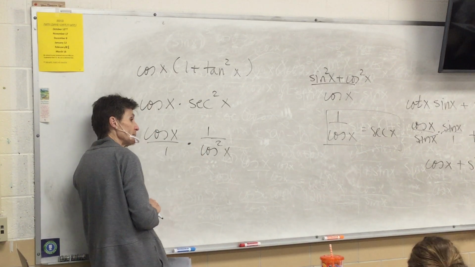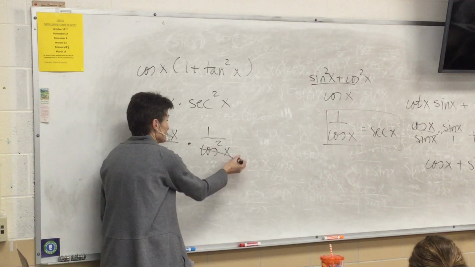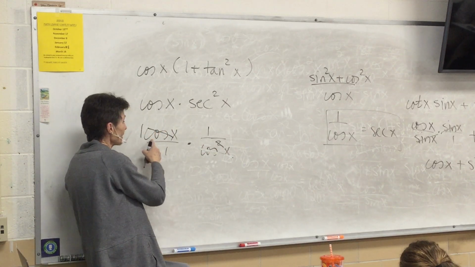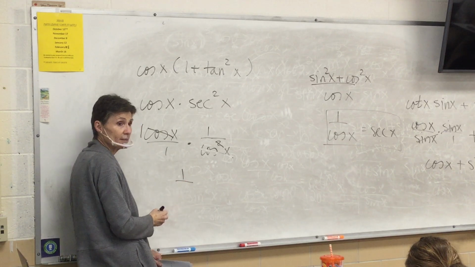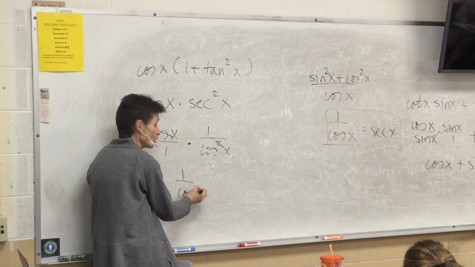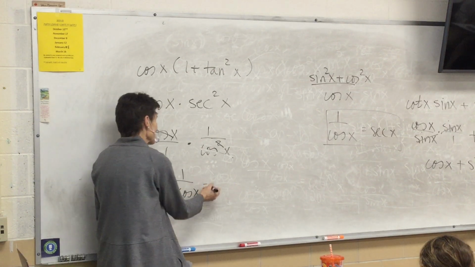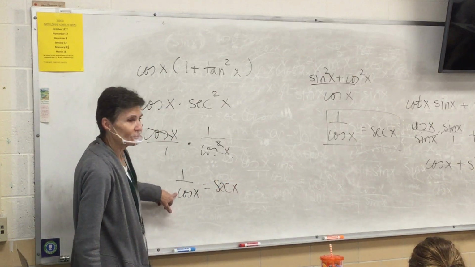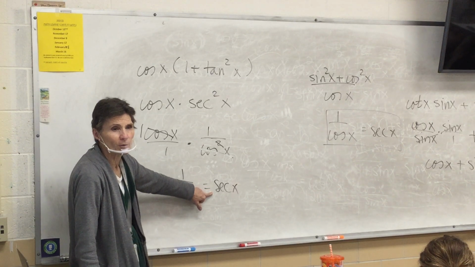We only get common denominators when we add or subtract. Can't you cancel? And if I take out a cosine, all I have left on the top is a 1, and all I have left on the bottom is the other cosine. There it is again. 1 over cosine is secant. So this is full credit, that's a bonus point for being smart.